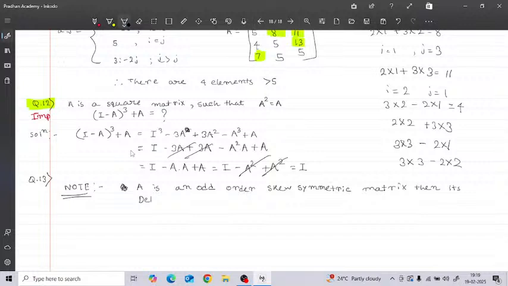We will discuss determinant tomorrow, but write this note. Okay, that's an important note.